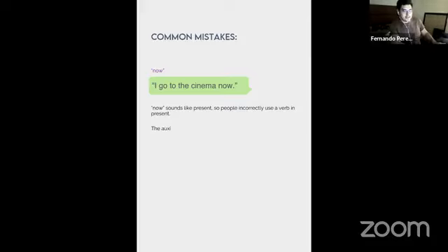The auxiliary that corresponds to now is not present. The auxiliary that corresponds to now is this.